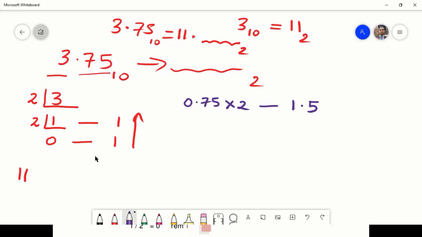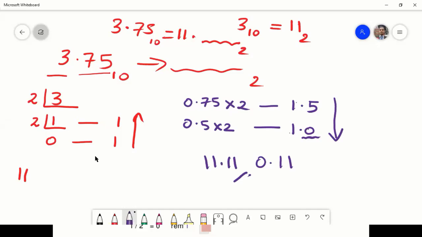Keep 1 as it is, take this 0.5 into 2, we get 1.0. So the fractional part is 0. Now we can stop with this. Here if it is a decimal or fractional value, we have to take from top to bottom. So 1 1. So this is actually 0.11. Already we have 11. So 11.11 is going to be the answer.